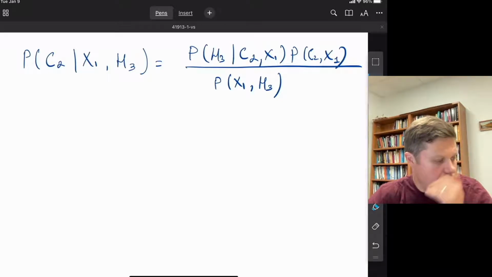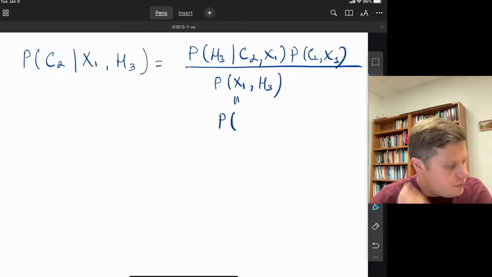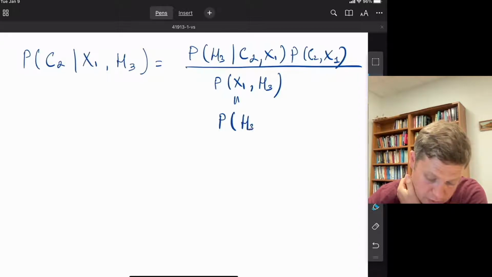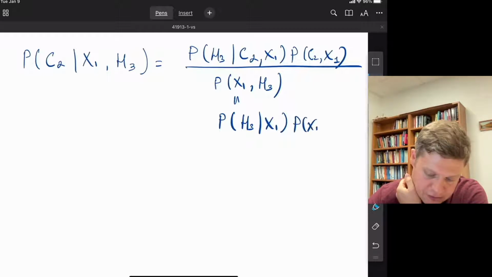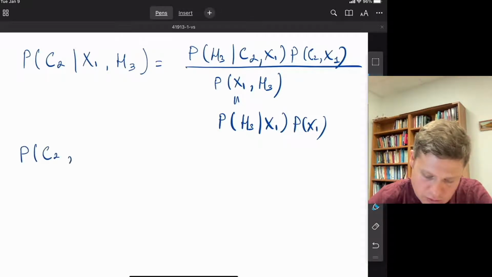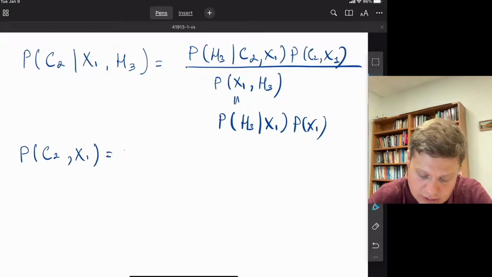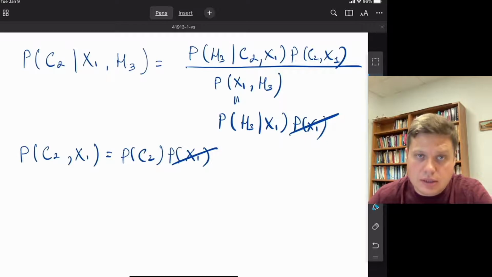Okay, and we can write this down as the probability of the host opening door 3 given x1 being picked, times the probability of x1. And at the top here, the car being behind 2 and you picking door x1 are independent events, so it's just the probability of the car being behind door 2 times the probability of you picking x1. So we actually can cancel x1 here and here.